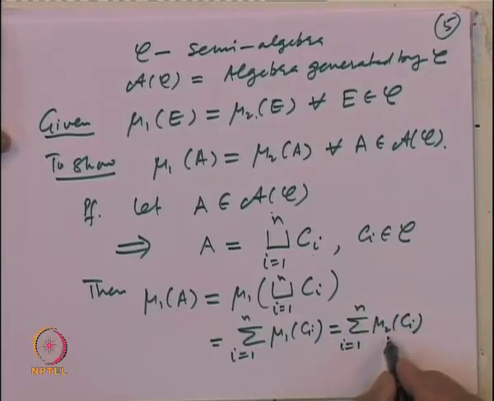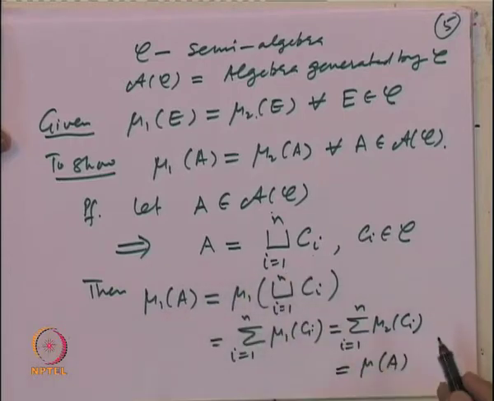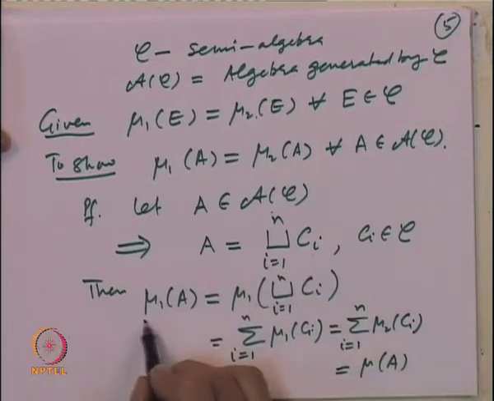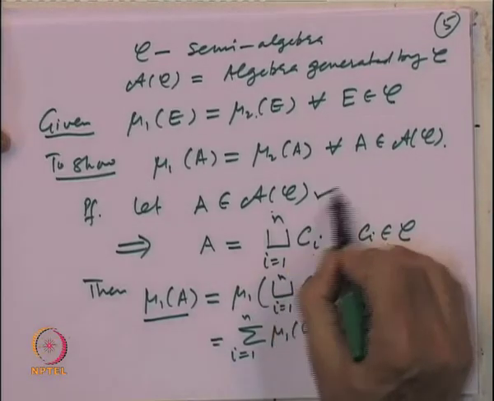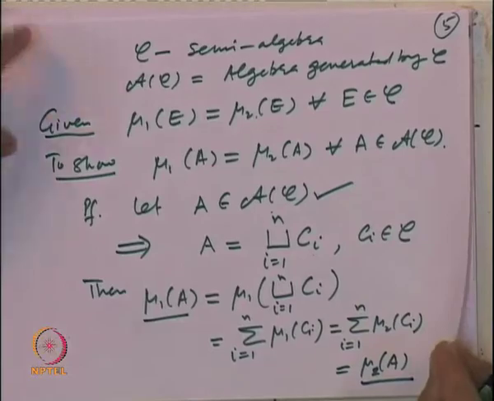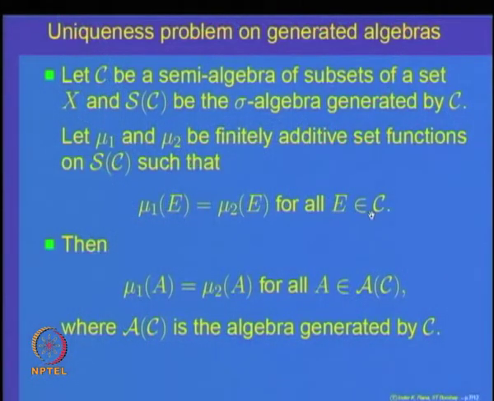But again, by using that mu 2 is finitely additive, I can write this as mu 2 of A, because A is a finite disjoint union of these elements. So, mu 1 of A is equal to mu 2 of A whenever A belongs to A of C. So, this proves the theorem that whenever two finitely additive set functions mu 1 and mu 2 agree on a semi algebra, then they also agree on the algebra generated by it.